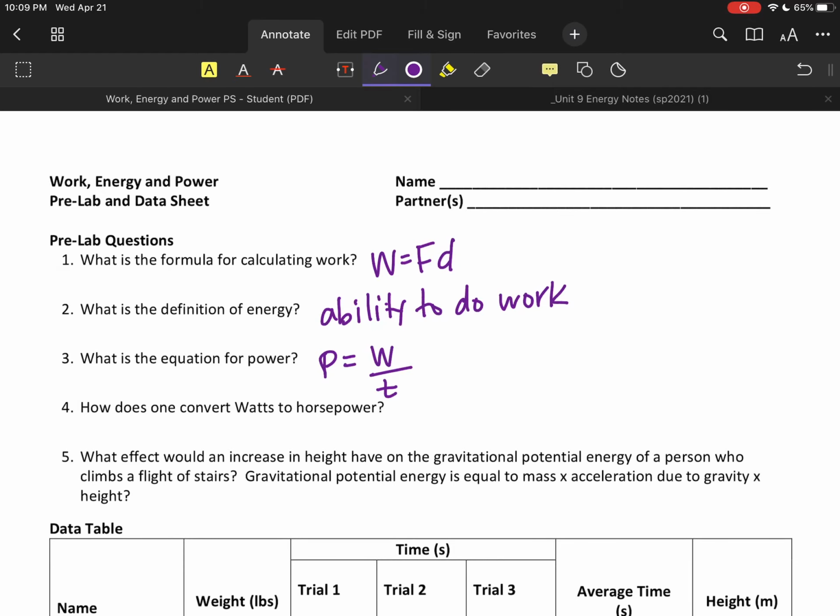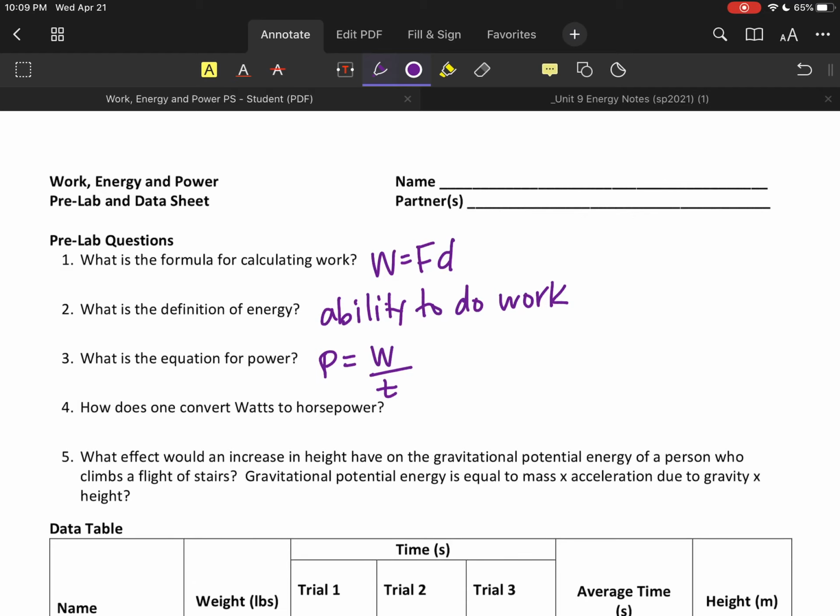If I think about two people pushing a huge tire, like in an Ironman competition, across the road or across a lot, the person who's doing that the fastest, I'm probably going to say they're a lot more powerful, right? Because of that time factor, they're able to do the same amount of work quicker.